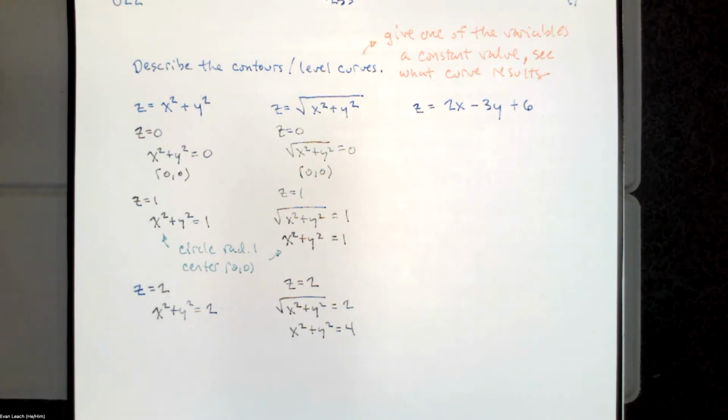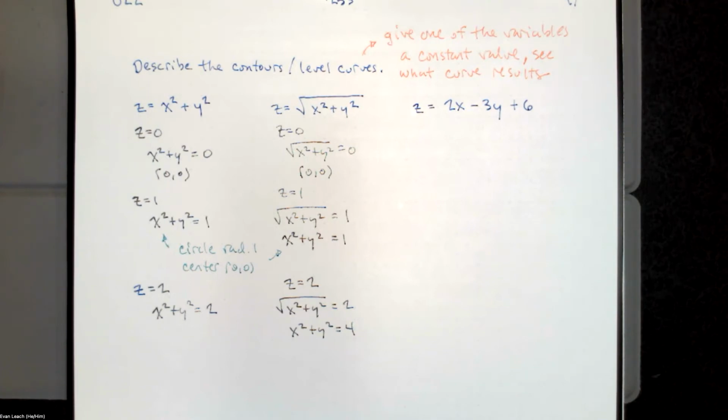So now at a point 2 units above the XY plane, the non-square root one has a circle of radius square root of 2, about 1.4. But the square root version has a circle of radius 4. So it looks like the second one, the square root one, has expanded more than the first one.